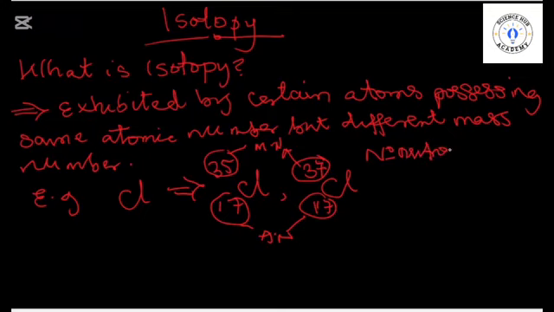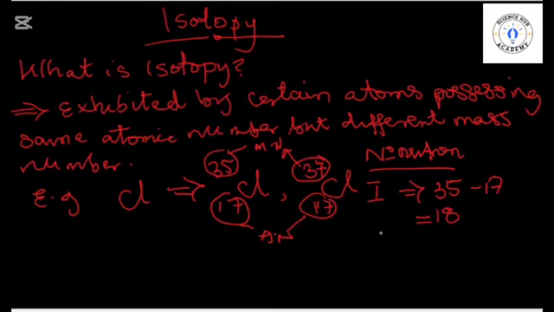To get the number of neutrons for the first isotope, the number of neutrons is 35 minus 17, which is 18. For the second isotope, the number of neutrons will be 37 minus 17, which is 20.